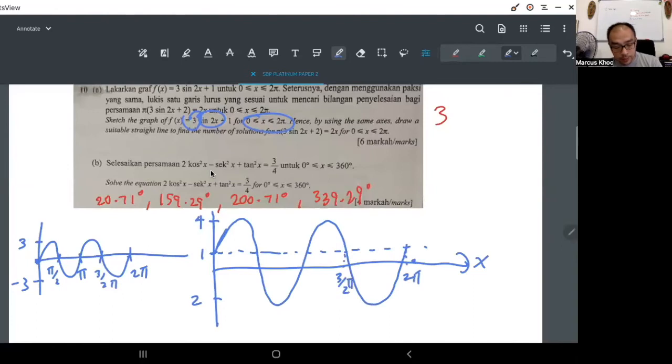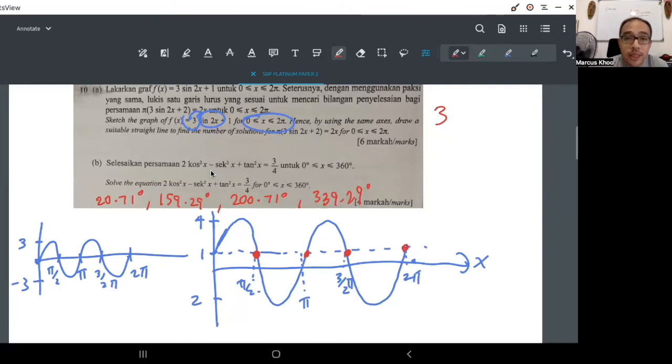Here, okay, this is pi, and over here is pi over 2. Okay, be careful of where the points are. This is the end of half a cycle. This is the second half of the cycle, the third half, and the fourth half. Okay, so that you know where to put the pi over 2, pi, 3 over 2 pi, and 2 pi.